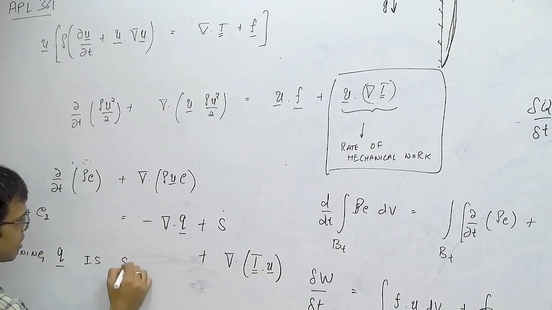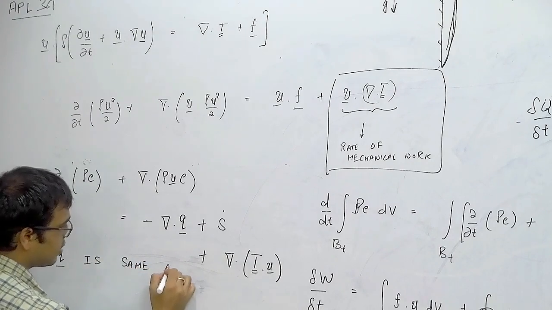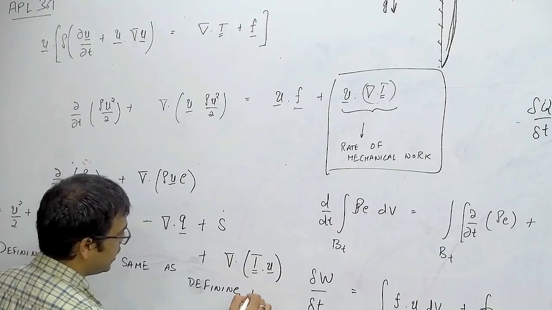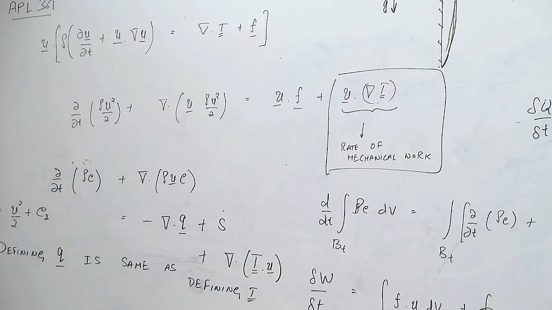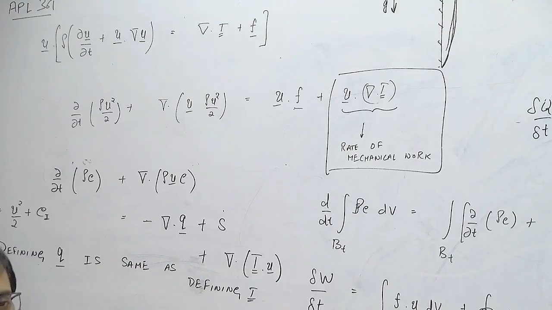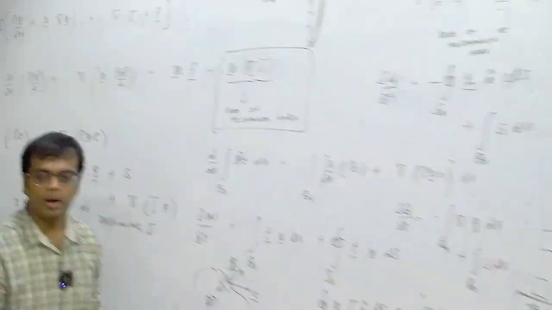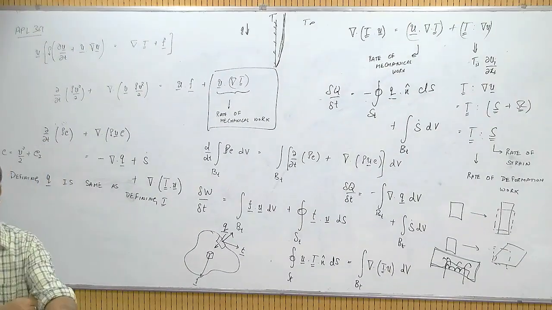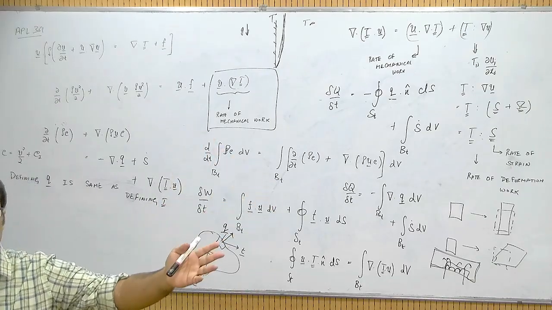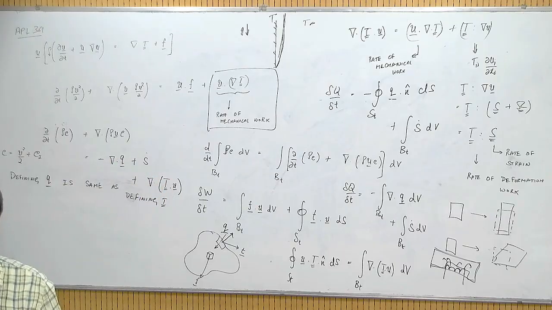So defining Q is the same as defining T. Okay, the way heat is flowing inside your fluid element is actually the same as whatever traction vectors would be acting on the fluid element. Why would there be any traction? Let's say you isolate a fluid element in the same fluid. Let's say this is air and you isolate a small blob of air inside this room.